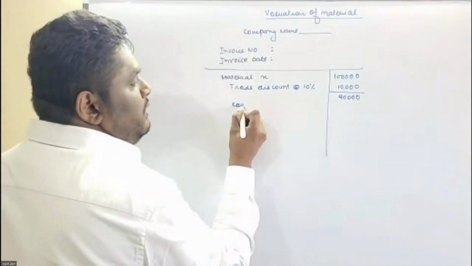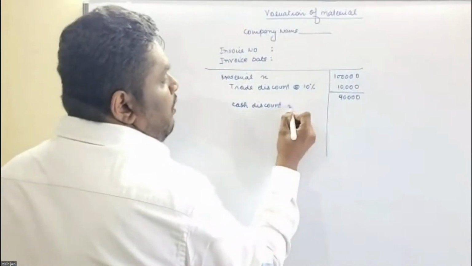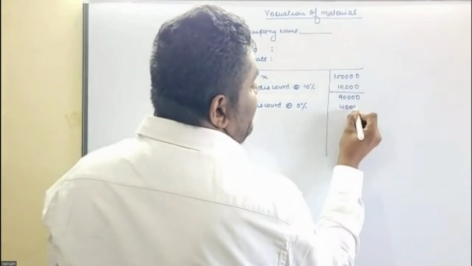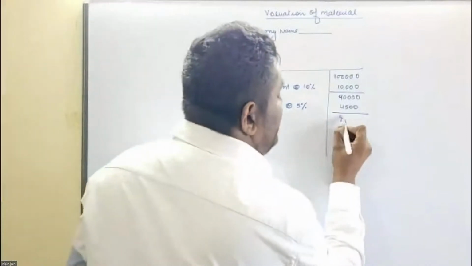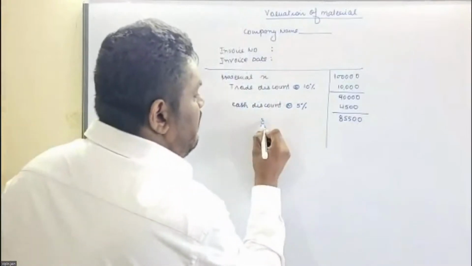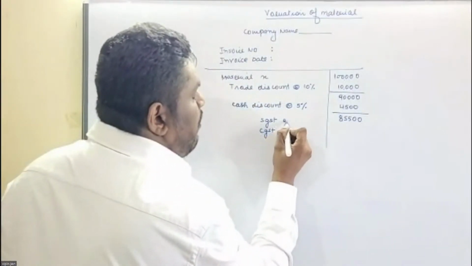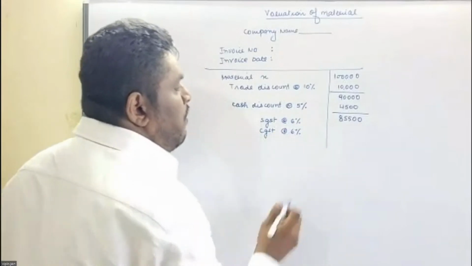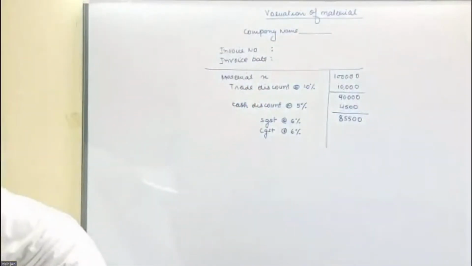Further, cash discount is also given at the rate of 5%, so it comes to 4,500. So the net amount will be 85,500. CGST and SGST at the rate of 6%.